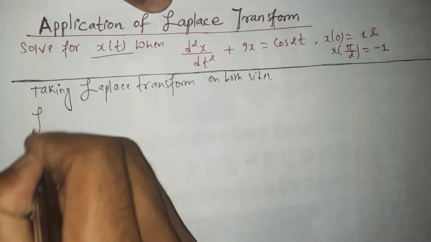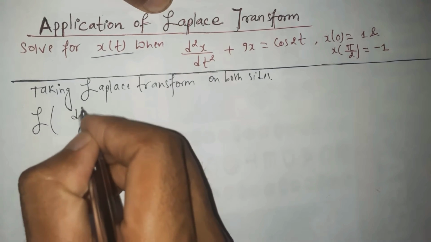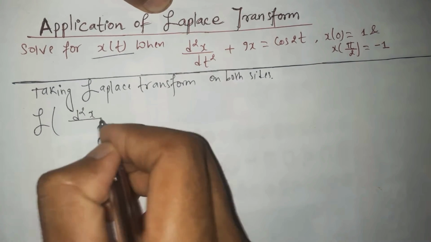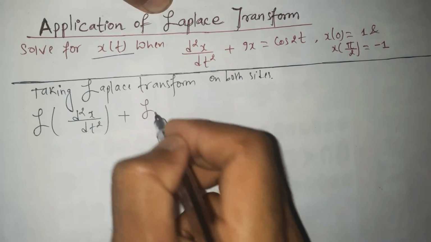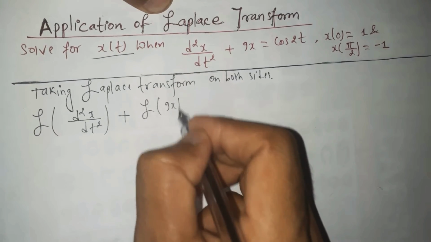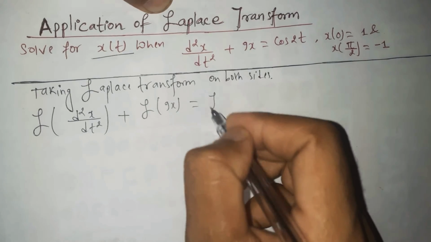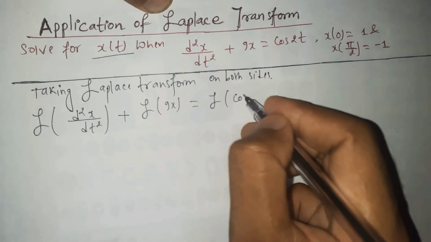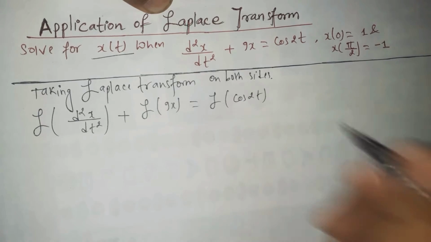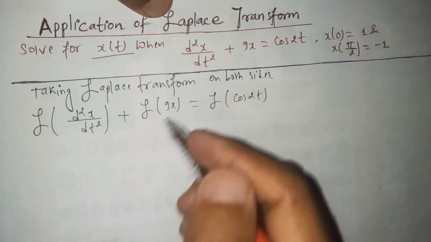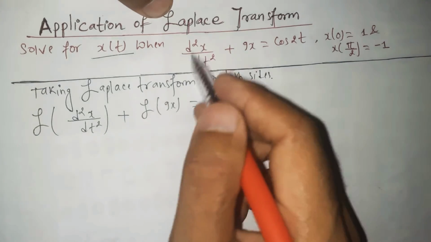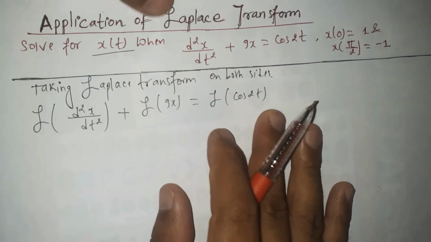So this will be Laplace transformation of d square x over dt square plus Laplace transformation of 9x equals Laplace transformation of cosine 2t. Here we have just taken the Laplace transformation on both sides and distributed it over each term.